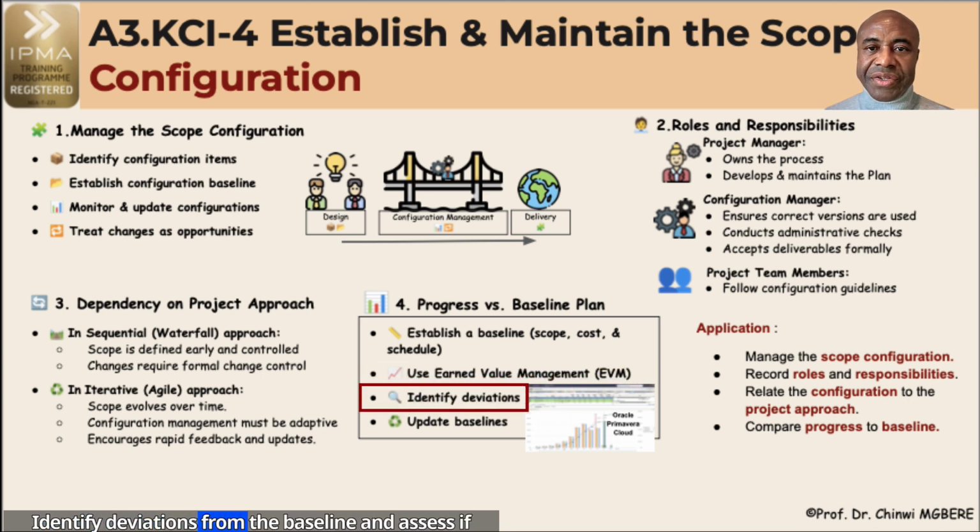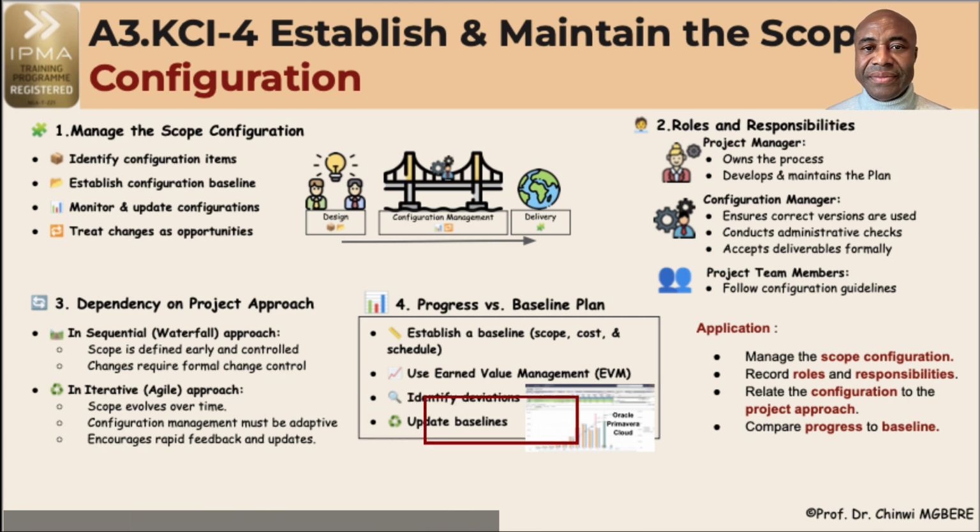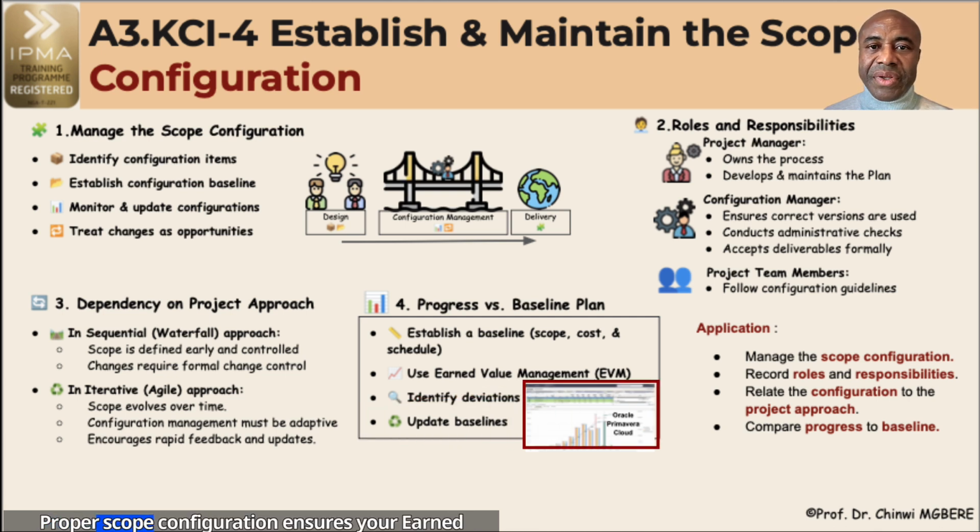Identify deviations from the baseline and assess if scope changes have been properly integrated through configuration control. Update baselines when changes are approved to reflect new scope realities. Proper scope configuration ensures your earned value metrics remain meaningful and relevant.